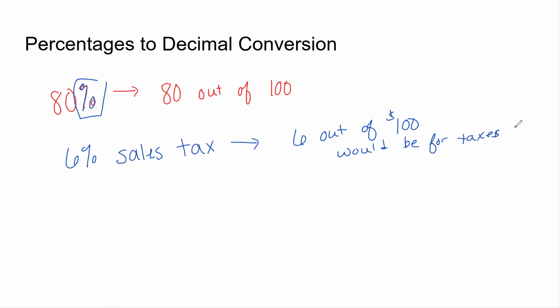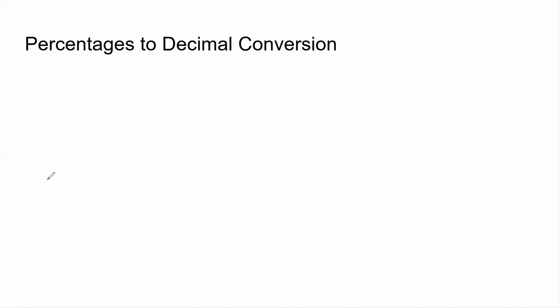So if your jeans cost $100, your total price would be 106 because you'd have to pay 6% sales tax. Okay, that wasn't the best example, but I just wanted to talk to you about what percentages are.